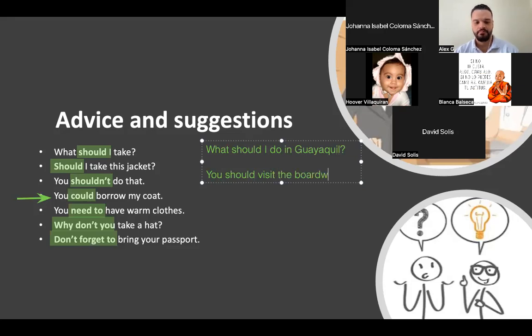The boardwalk. We don't change the name, but Malecón is boardwalk, right? So you could visit the boardwalk. We usually don't change the names, so it's called the Malecón 2000. No problem, okay? What about Joanna?